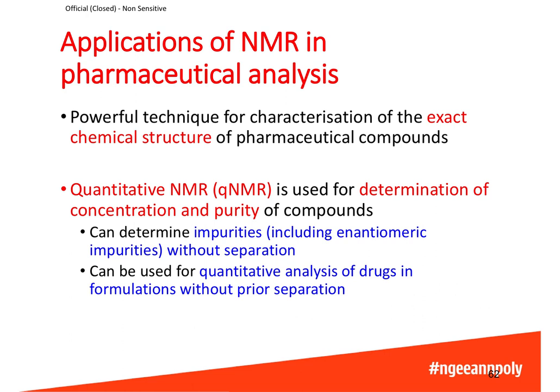An advantage of quantitative NMR is that it does not require any chromatographic separation prior to the analysis. So for example, it can be used to determine impurities without needing any prior separation, and it can also be used to analyze drugs in a formulation without doing any prior separation.